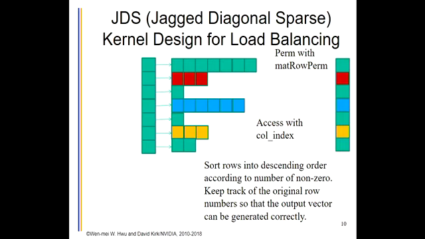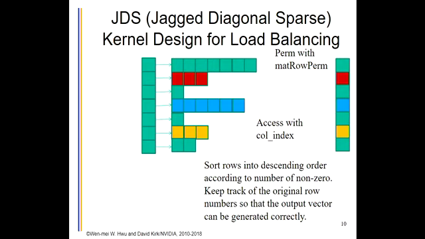So this is actually probably the current GPU implementation. All the high performance libraries now pretty much use the JDS format. And the idea is fairly simple. You first sort all the rows into descending order according to the number of non-zeros.